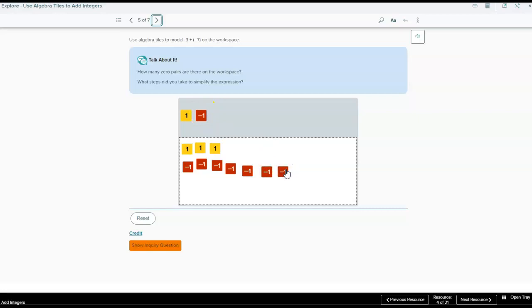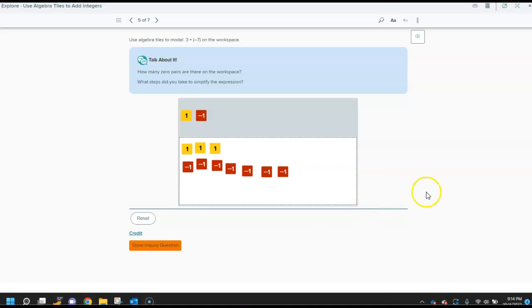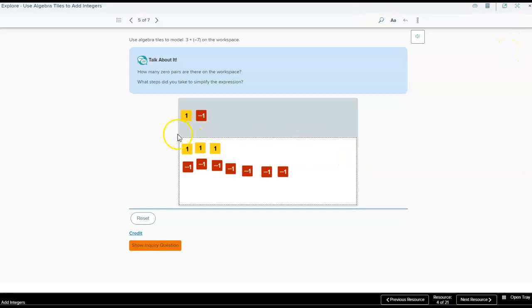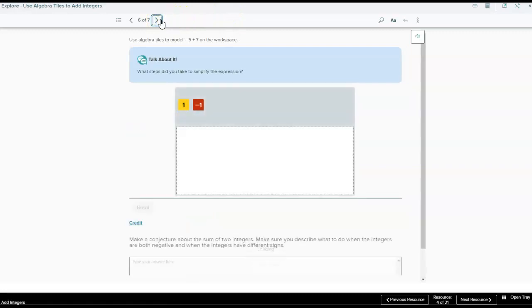Can you see that this would be a zero pair, this would be a zero pair, this would be a zero pair. Those cancel each other out, and what we have left is 4 negatives. So 3 plus negative 7 would be 4 negatives.